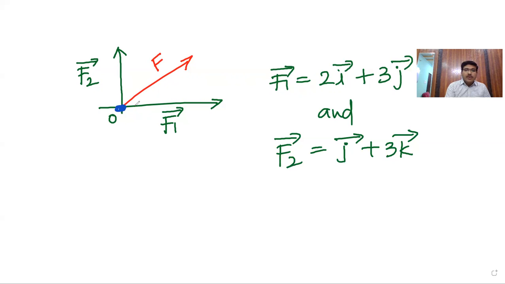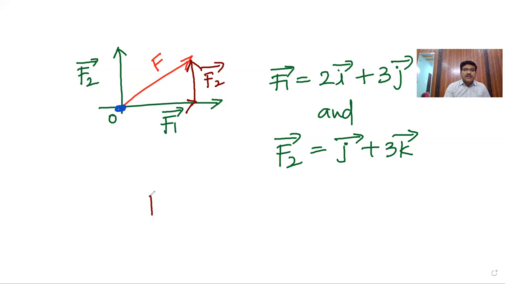If A bar is one vector and B bar is another vector, by the simple graphical mechanism of vector addition, we can use the triangle law. If I draw a parallel line here, that is F2 bar. Now the resultant is F, which is F1 bar plus F2 bar. Tail to head, and again tail to head, F2 bar. The resultant is from the tail of the first vector to the head of the second vector.